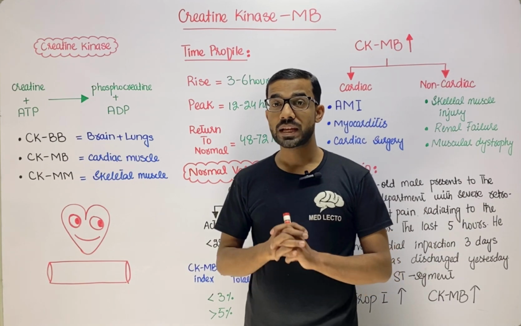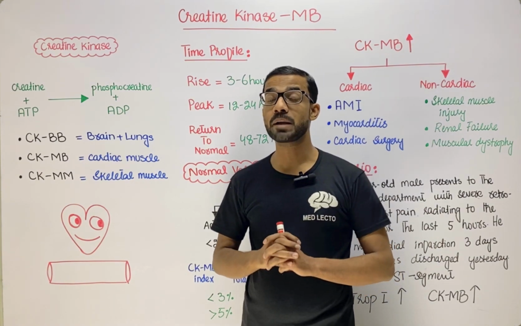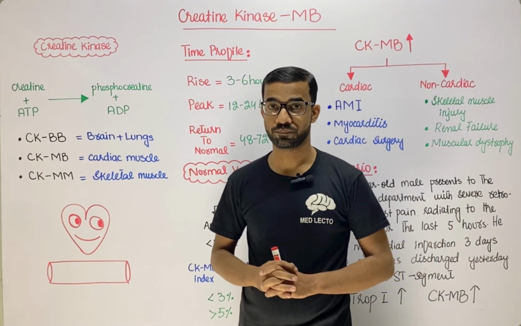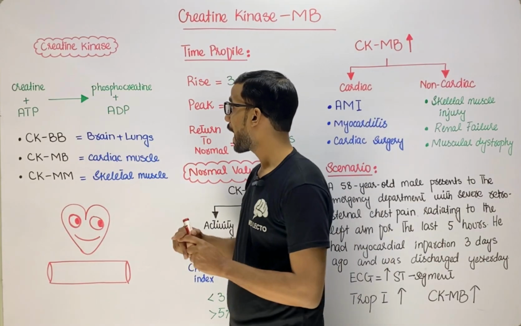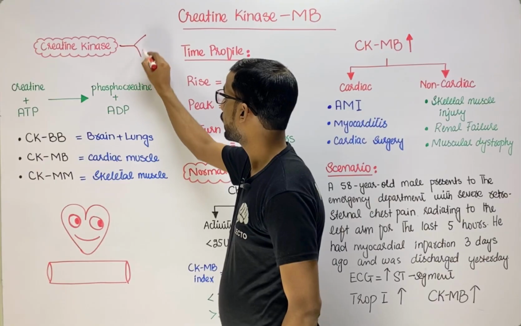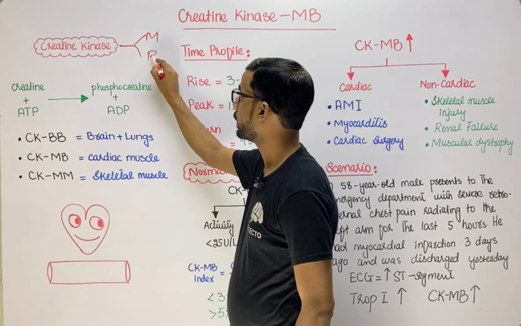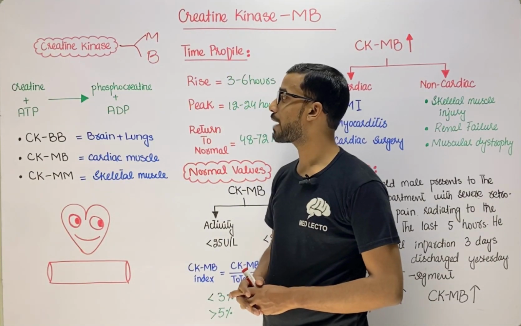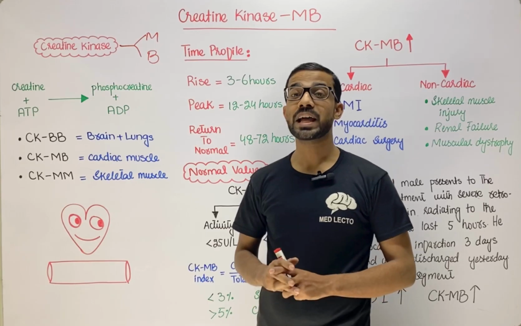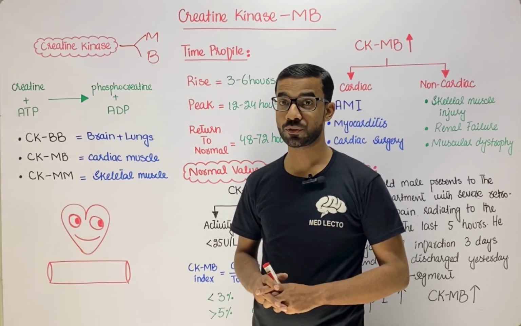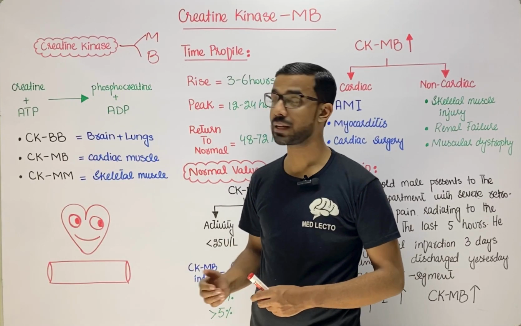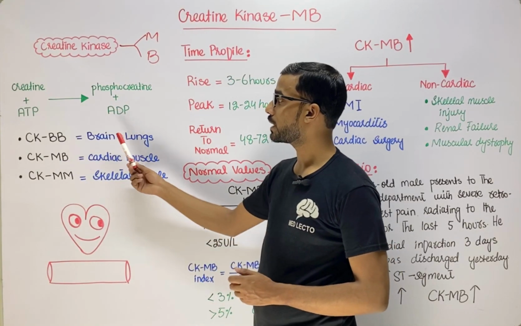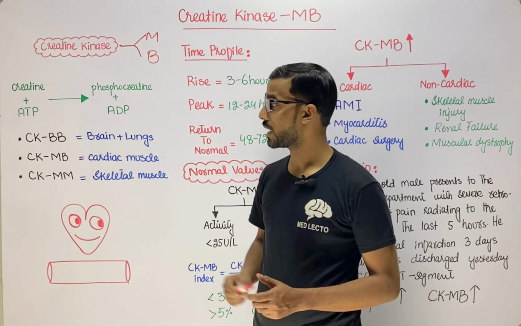So creatine kinase is a dimeric enzyme because it has two subunits, M unit and B unit, B for brain and M for muscles. It has three most important isoforms: CKBB, which is present in the brain and the lungs.